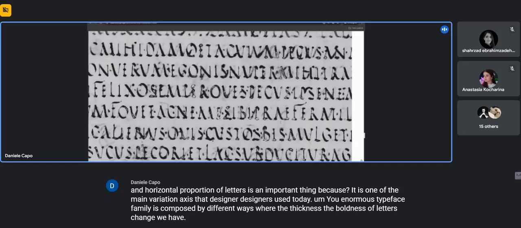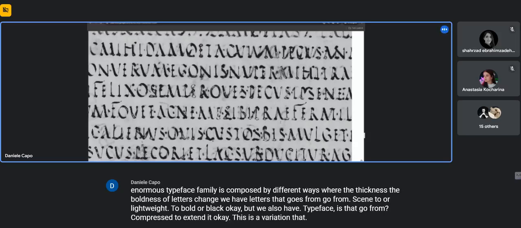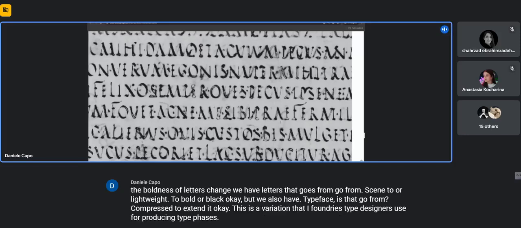We have letters that go from thin or lightweight to bold or black. Okay, but we also have typefaces that go from compressed to extended. Okay, this is a variation that type foundries, type designers use for producing typefaces that can be used in different contexts.